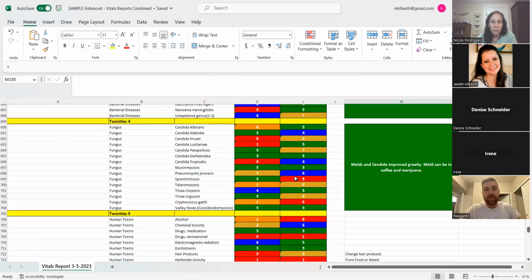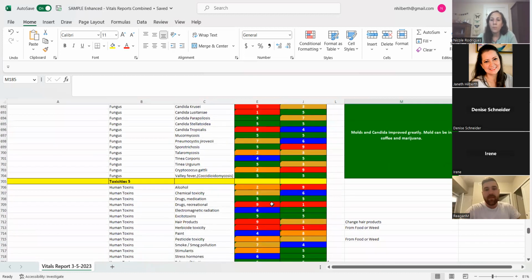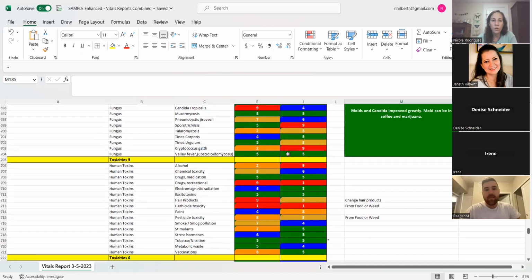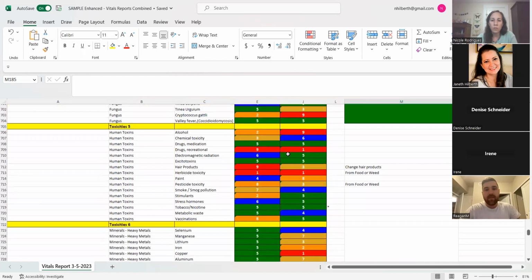Okay. The molds and fungus greatly improved, but he did have some things still coming up for mold. So you want to be careful where you source your materials from, even your coffee. Coffee is known to be very moldy, so you want to make sure you're getting a really good coffee.